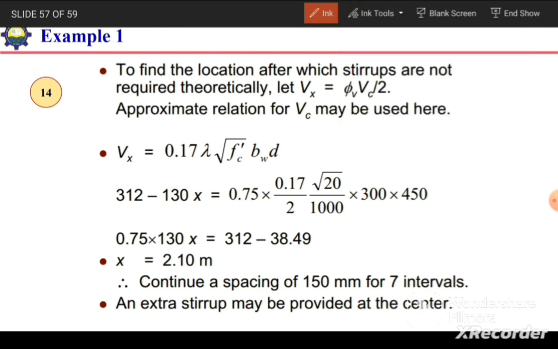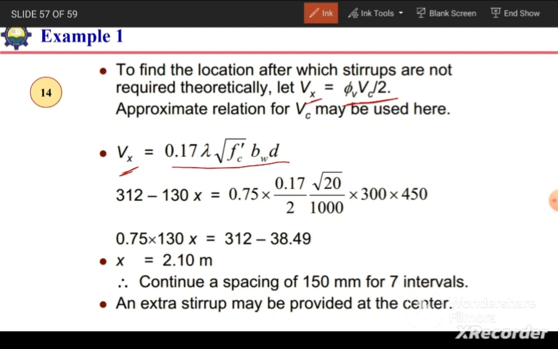To find the location after which stirrups are not required, theoretically let Vu is equal to phi Vc divided by 2. So we can equate Vu applied shear with the half of the design shear capacity of the beam. And this Vc, the nominal shear capacity of the beam, can be calculated by using this simplified expression given in the ACI code.